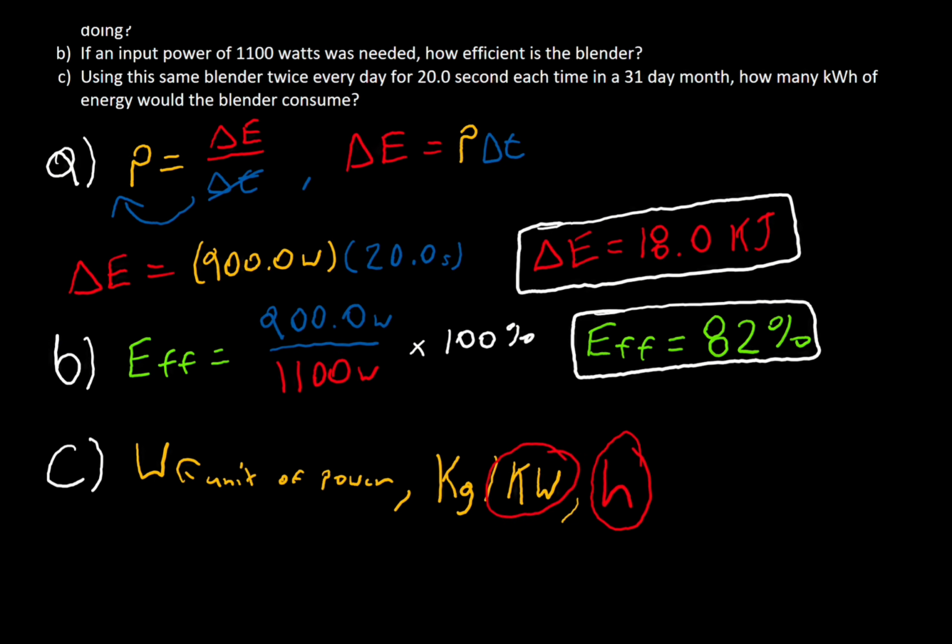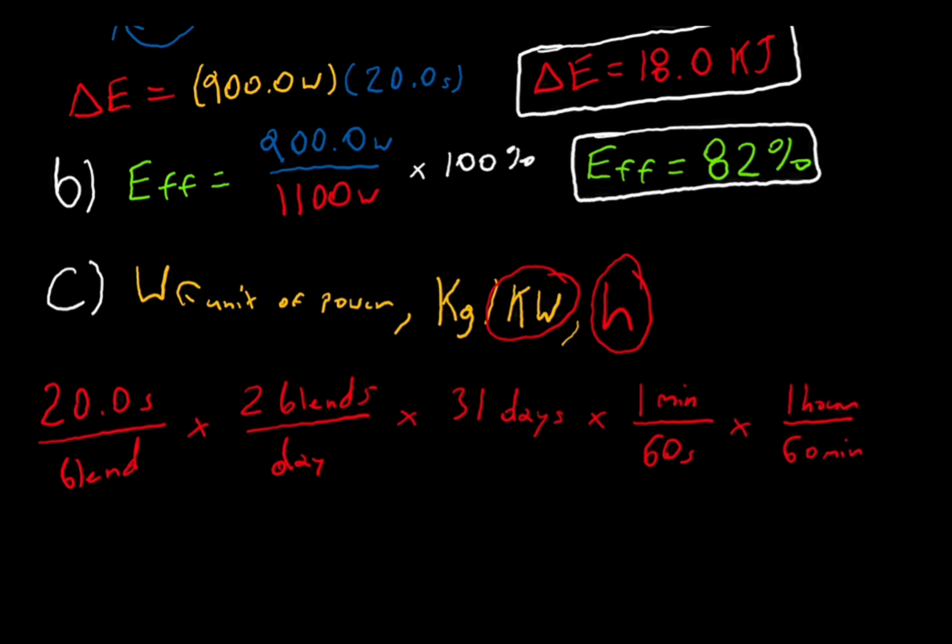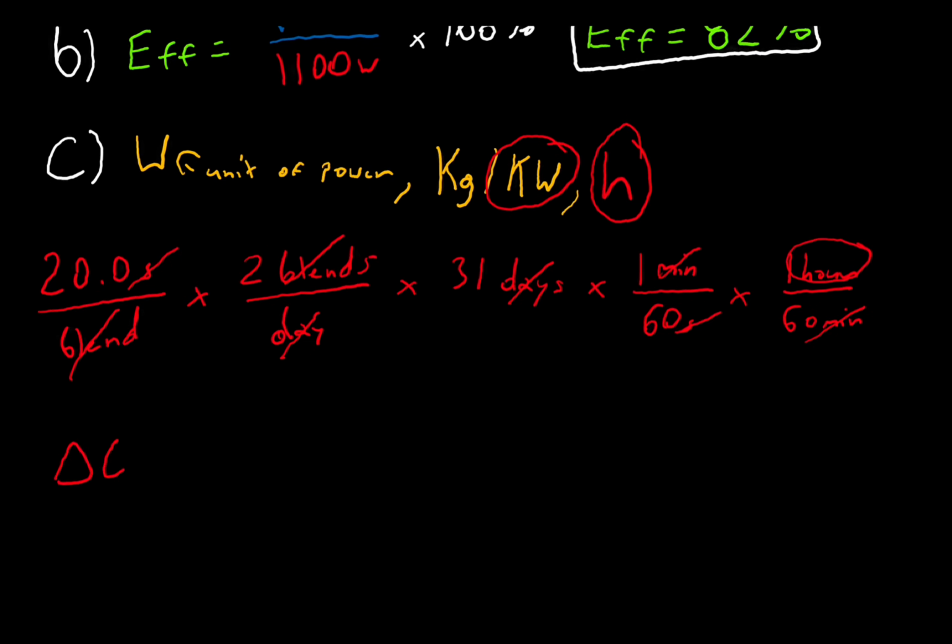Starting with the time, if it takes 20 seconds for every blend, multiplied by 2 blends every day, multiplied by 31 days, divided by 60 seconds per minute, divided by 60 minutes per hour, crossing out all the units, leaving us with hours, and so 20 times 2 times 31 divided by 60 divided by 60, this gives us 0.344 hours.